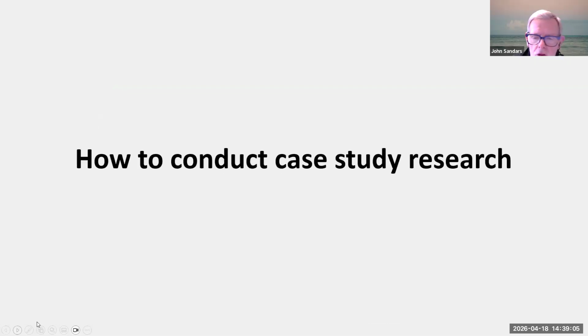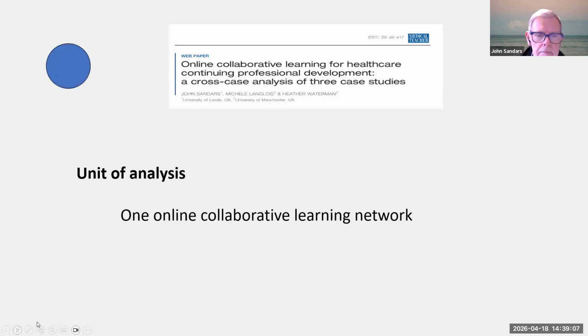So, how do we conduct case study research? The first thing is to develop what's called a unit of analysis. This is the bounded area. Here is a paper from my doctorate. It was looking at online collaborative learning for healthcare continuing professional development, at that time for public health doctors.